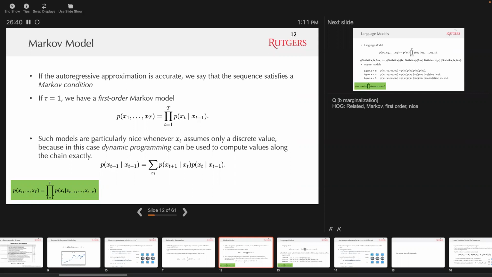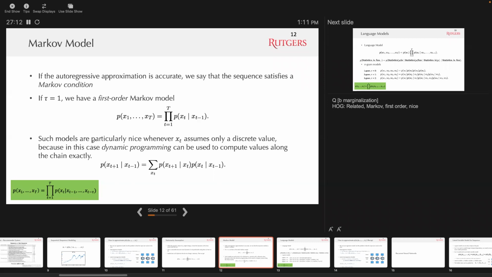If you're not familiar with it, feel free to check with me offline. This is kind of a prerequisite. And then you can see that if you're making the Markov assumption, that means to predict x_{t+1} you only need the information from xt, and you can actually forget about x_{t-1}.